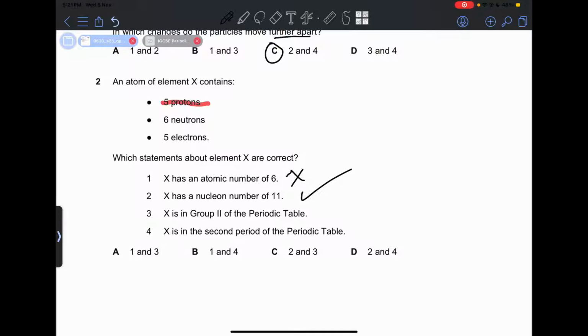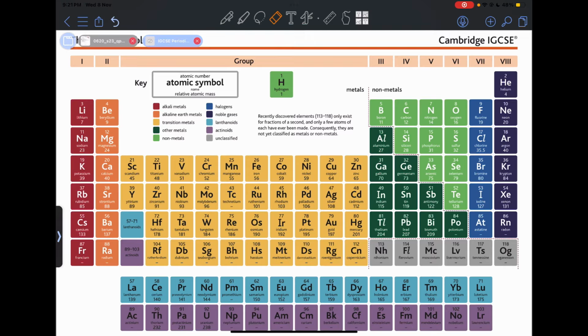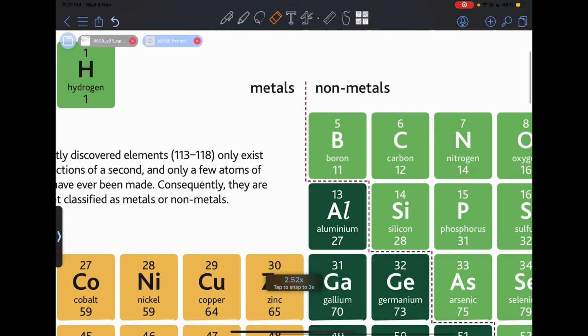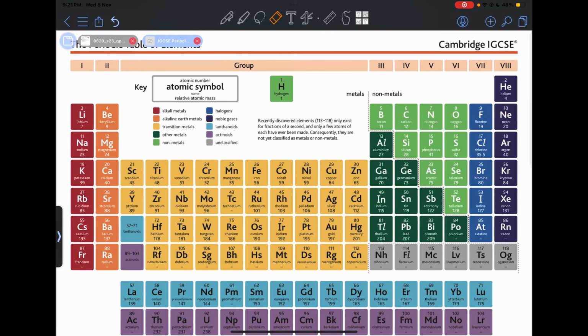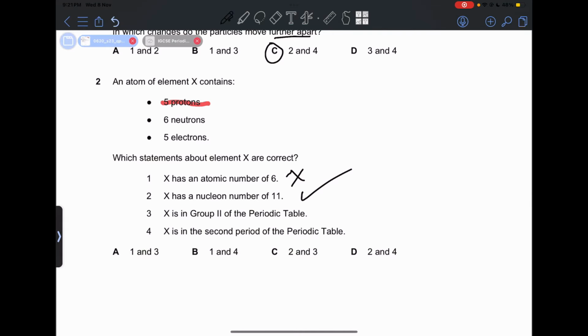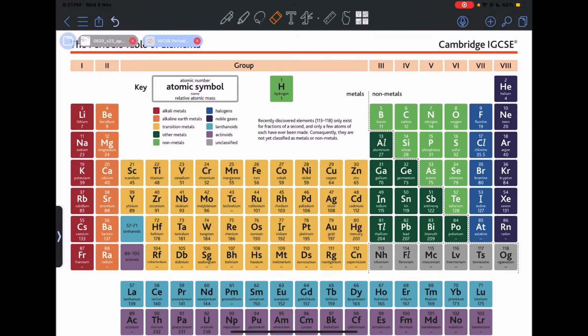3 says X is in group 2 of the periodic table. So we know that it has 5 protons, and this is actually the element boron. It is not in group 2, it is in group 3. So this is again an incorrect statement. 4, X is in the second period of the periodic table. Boron over here is actually in the second period because we know that helium is in period 1.